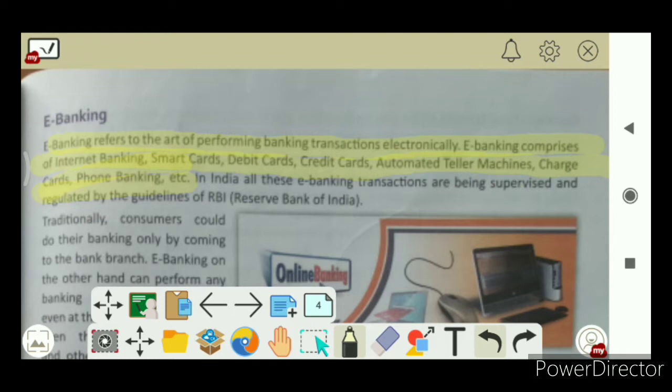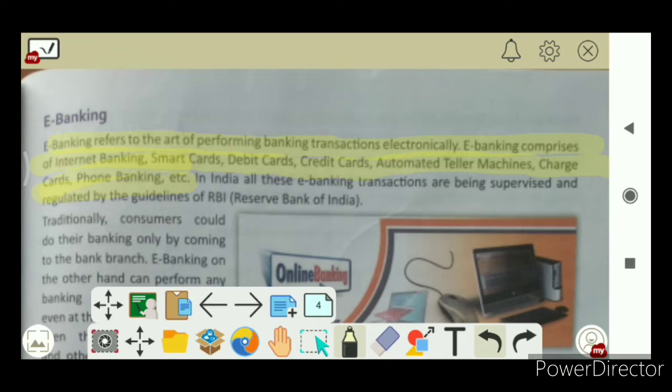So here, what are the questions? The first question that arises from this is, what is e-banking? Then your answer will be, e-banking refers to the art of performing banking transaction electronically. Now, what are the things which are used in e-banking?